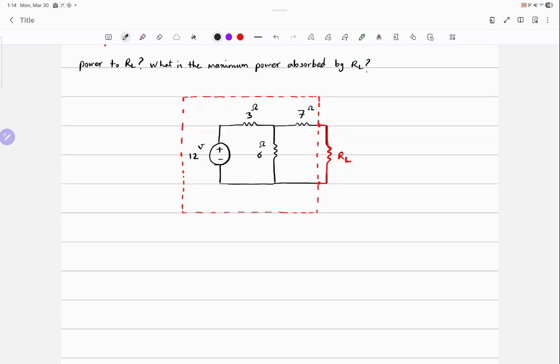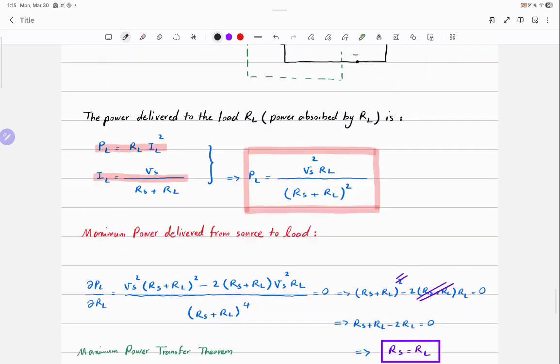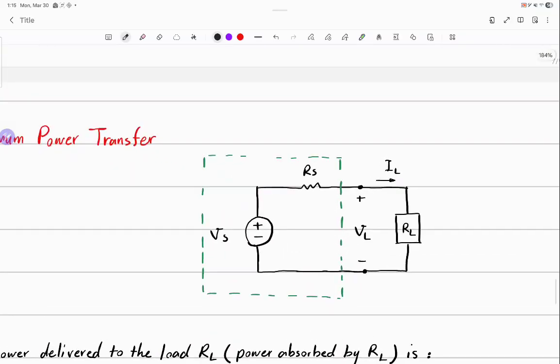Should you change it to a current source and then make the 3 and 6 ohms parallel, combine them, and turn it back into a voltage source? Exactly. You use source transformation to manipulate what's inside the red dashed box and change it to something that looks like this. And then you can use the theorem.